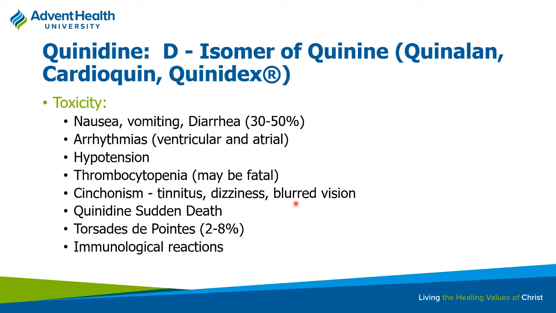Basically, it's a very typical ventricular arrhythmia you see as a result of QT prolongation. So this is going to be a risk, because overall, it's extending the action potential. QT is going to go along with that, right? That goes into the quinidine sudden death. Basically, the patient went into a ventricular arrhythmia caused by the drug, and it can be very difficult. Once that drug's on board, it's hard to get rid of it to actually reverse the arrhythmias.